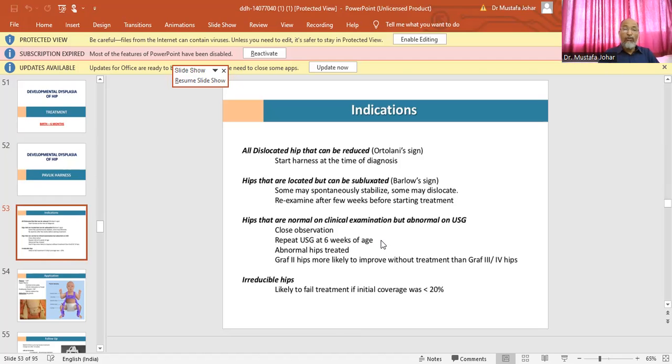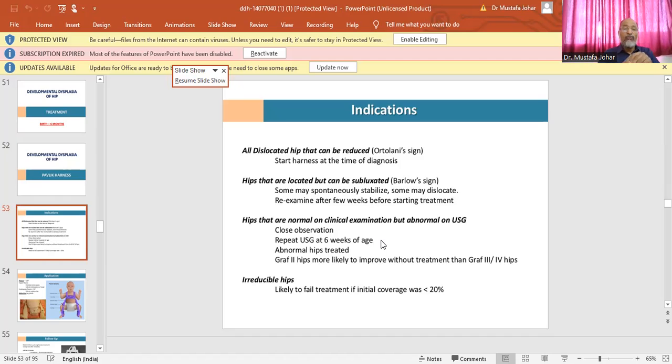Hips that are normal on clinical examination but abnormal on USG, then you have to keep a close observation, with periodic or repeated examination of the hip to detect when it is getting dislocated.